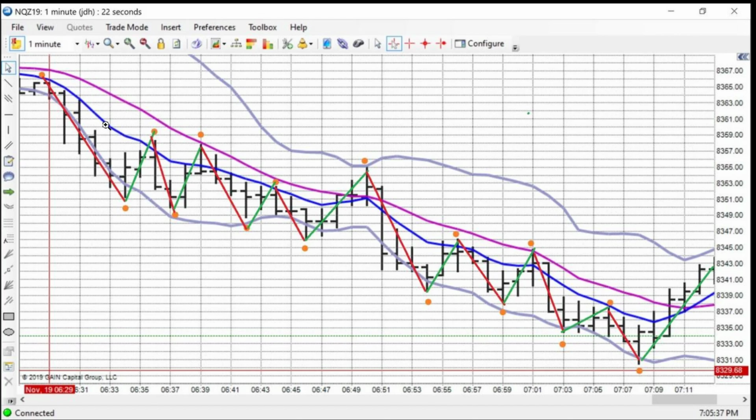The ADMA would be the exponential moving average, and it's 8 period, which I find works well to contain the trend. The 14 period simple moving average is what this Bollinger Band indicator is based off of. So this would be the center line of the Bollinger Band indicator, which is also critical to my trading because it envelops the market. And I'll show you how I use that indicator as well.